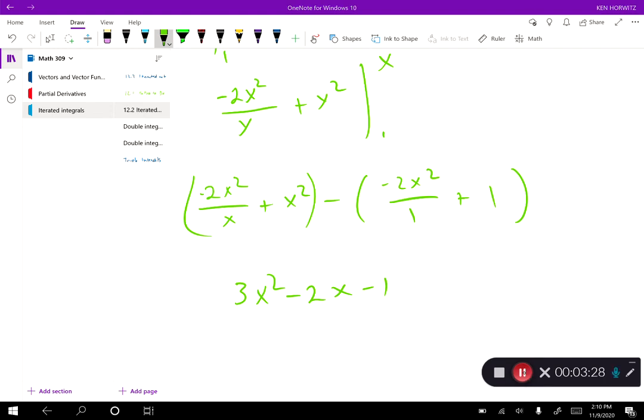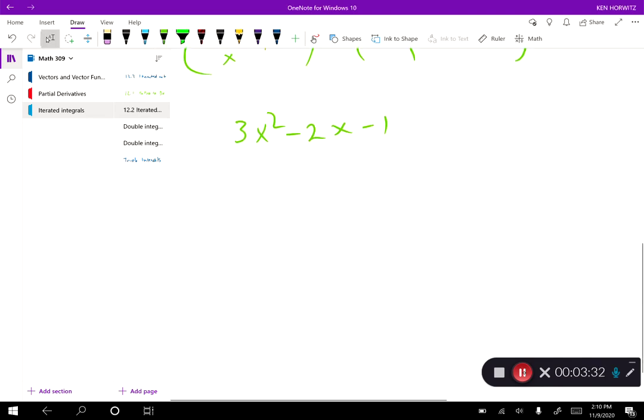Now that was just a single integral on a multivariate function. Here we're going to do what we call an iterated integral, which we will be integrating with respect to x and then with respect to y, or vice versa. The key with these iterated integrals is the setup, and that's where I'm going to spend most of my time.